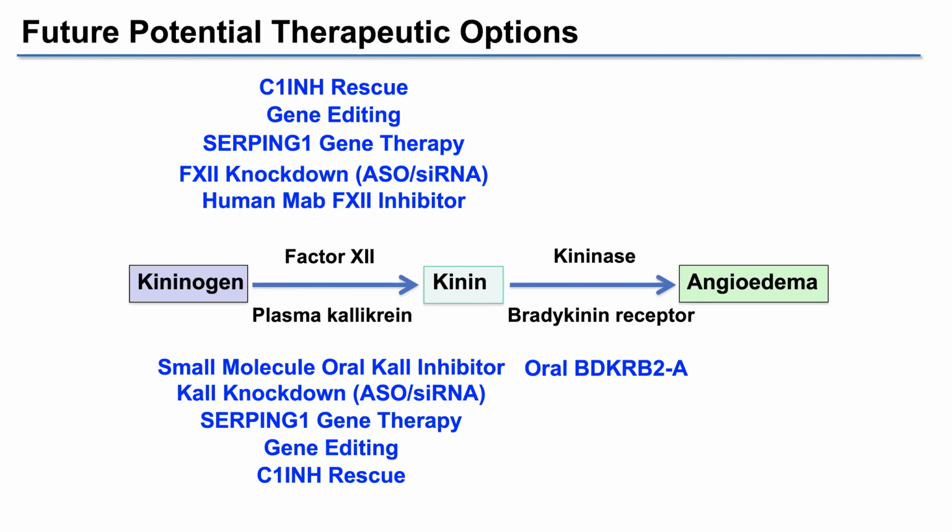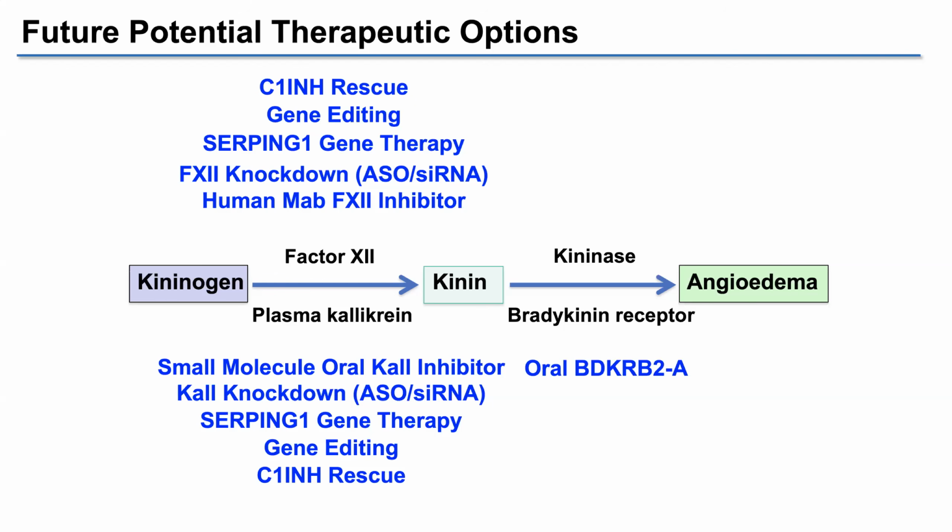I was wondering your opinion. Yeah, I mean, it's certainly a possibility because a kallikrein inhibitor will prevent the generation of bradykinin, whereas icatibant only prevents the binding of bradykinin to its cognate receptor. So I would agree that it's a theoretical possibility.